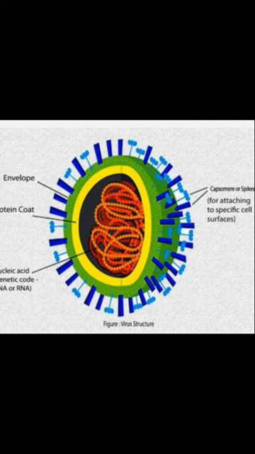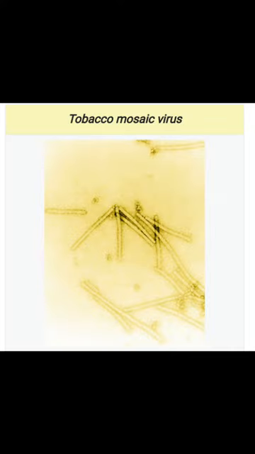Viruses cause many diseases in plants, animals and human beings. What are the diseases caused by viruses? For example, in plants, tobacco mosaic disease is caused by the tobacco mosaic virus.